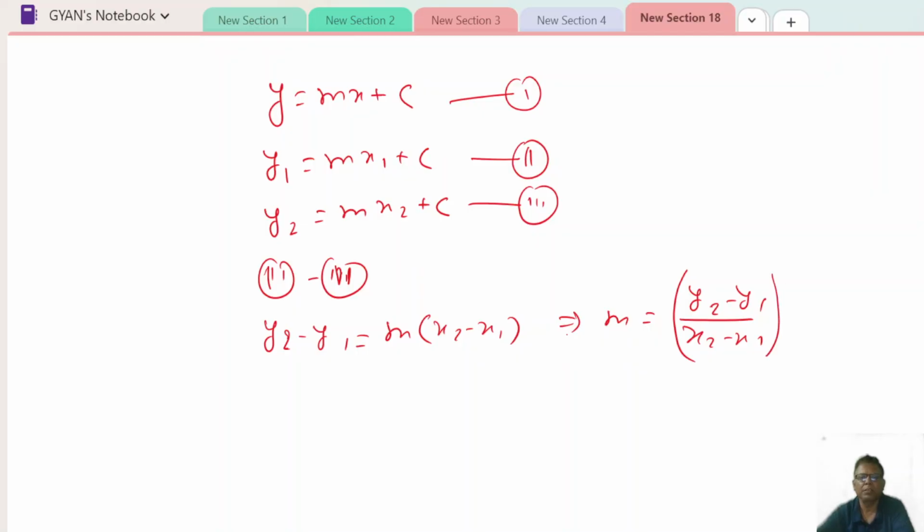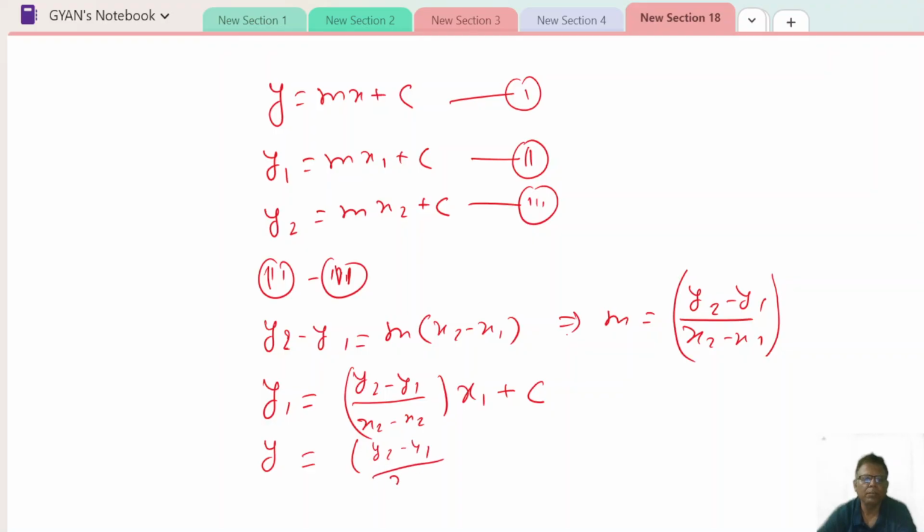So this is m. So put this m in both the formulas. So y1 is equal to (y2 minus y1) over (x2 minus x1) times x1 plus c, and this one y is equal to (y2 minus y1) over (x2 minus x1) times x plus c.